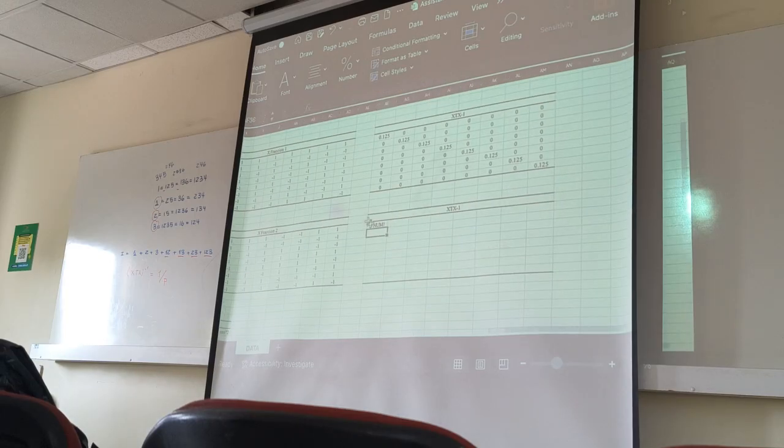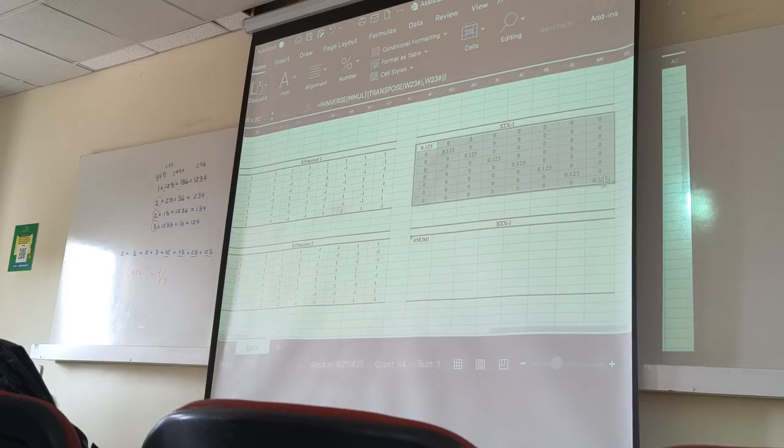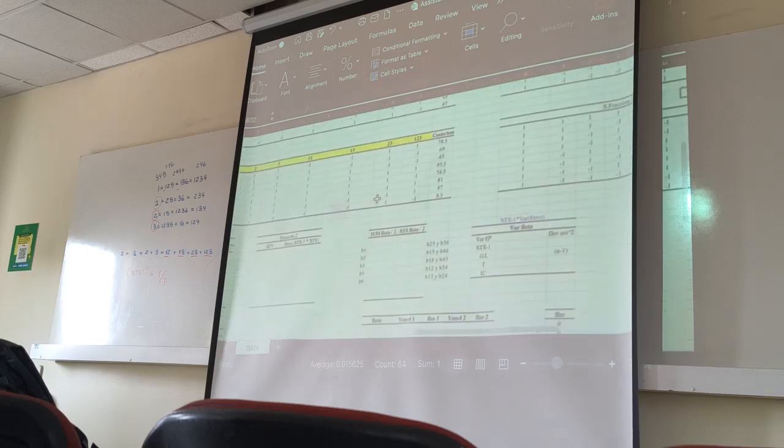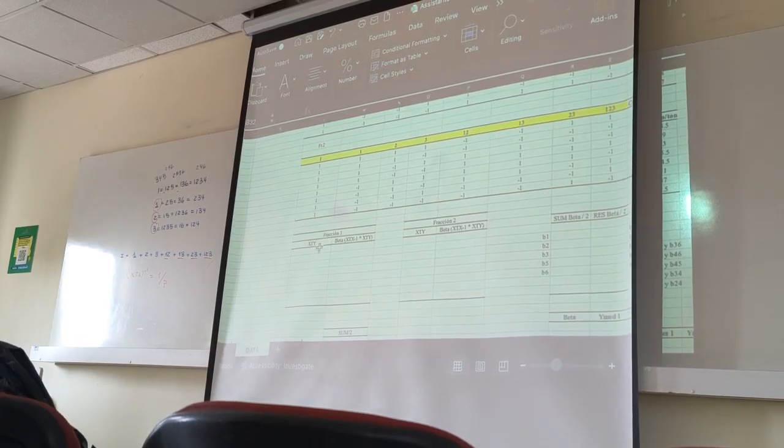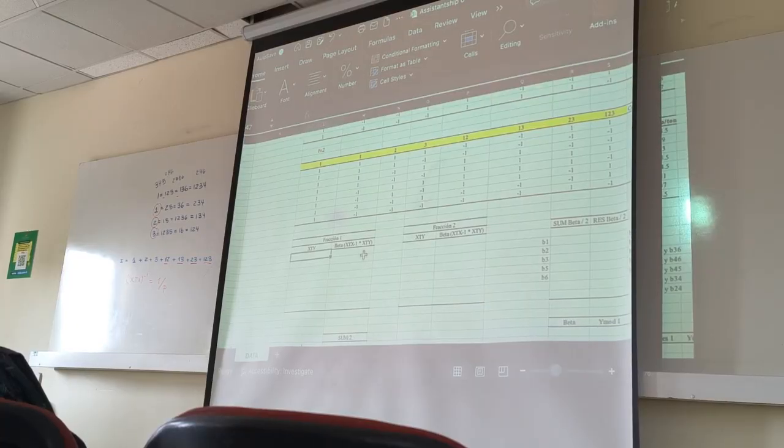I don't know why there is an error, but it's this thing. Okay, so we are going just to use that. So to continue, we must get the parameters of each fraction.